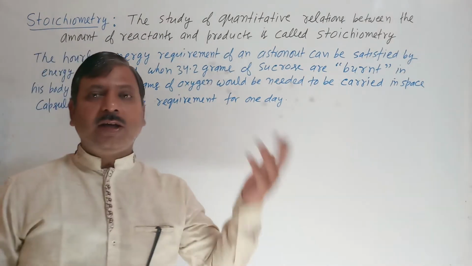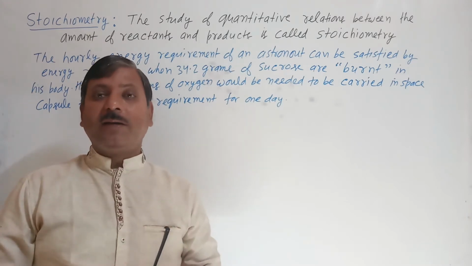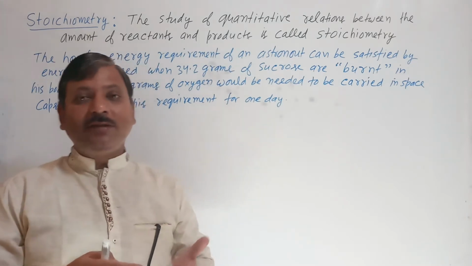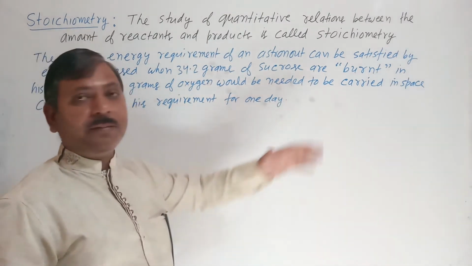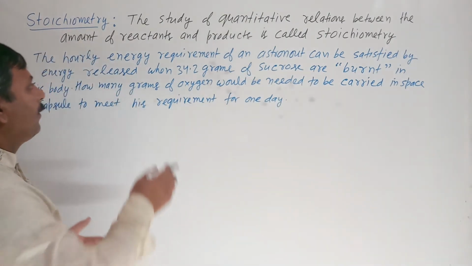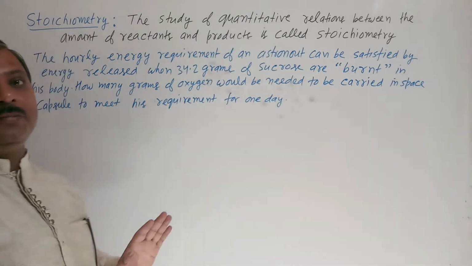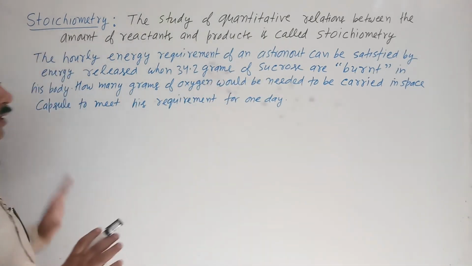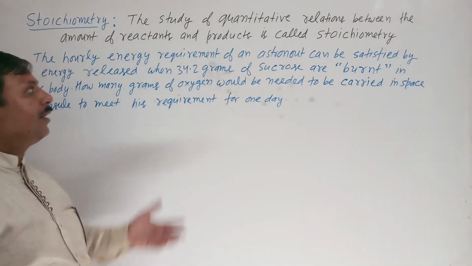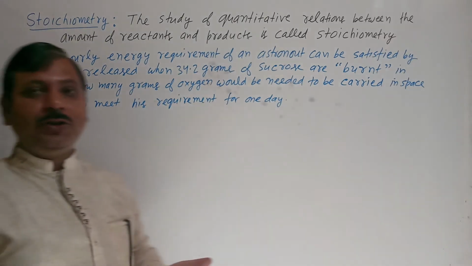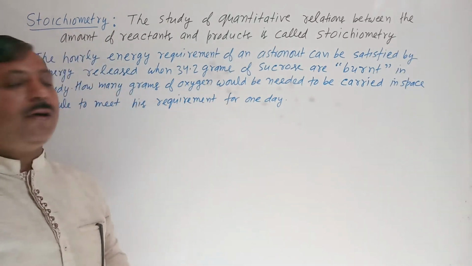Suppose one astronaut has gone, how much oxygen is required there to balance his diet in a day. So 34.2 gram of sucrose is burned in his body. So by the balanced chemical equation in stoichiometry, we are finding how many oxygens are required.